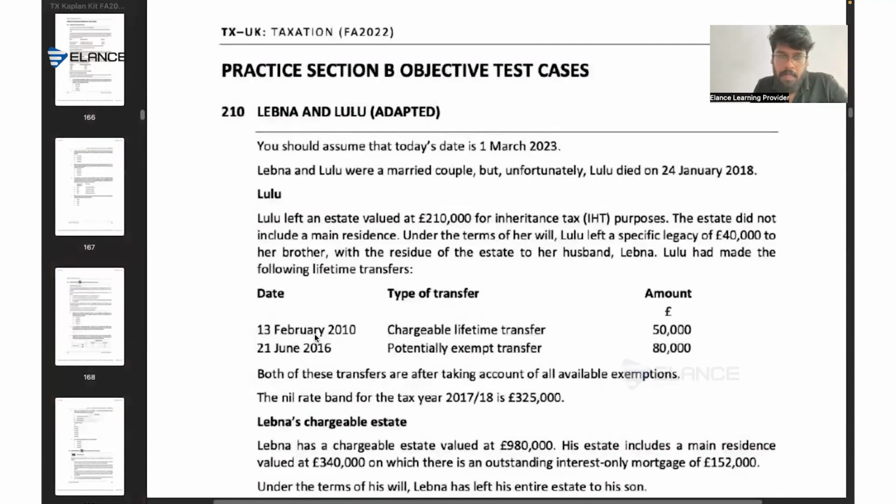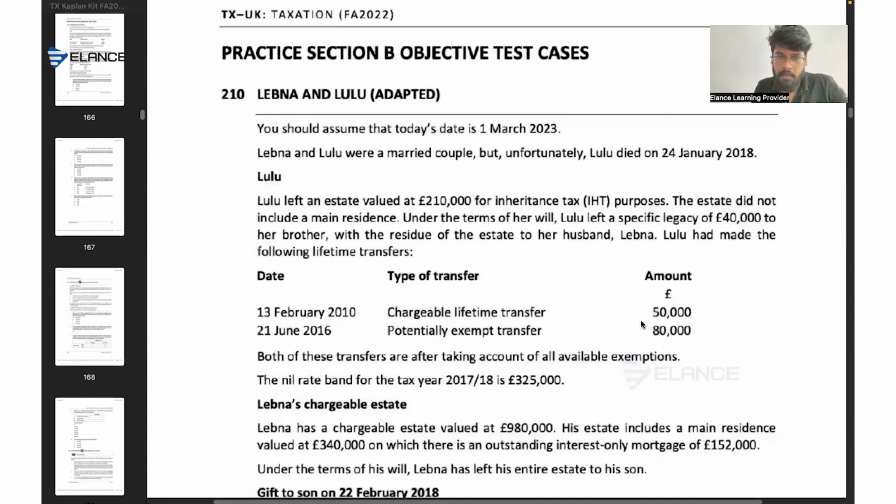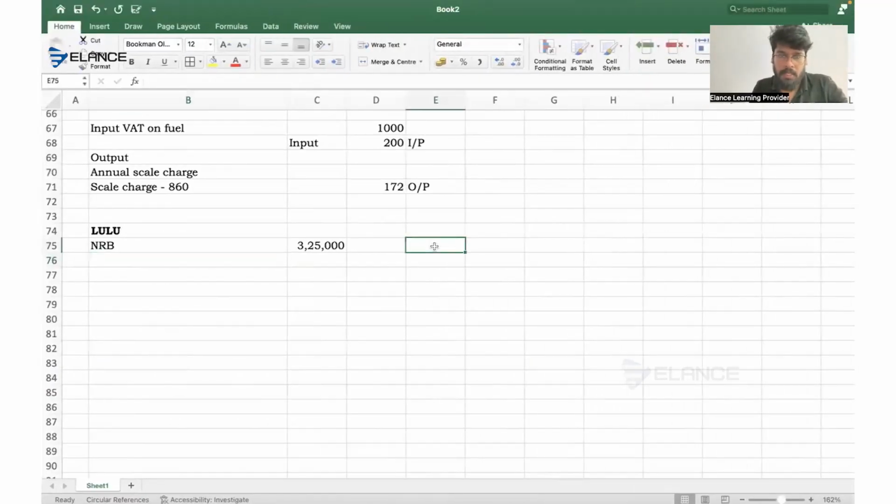In the lifetime, in February 2010, there was a lifetime transfer. It was a CLT in 2010 of 50,000, and she used 50,000 of nil rate band in 2010.